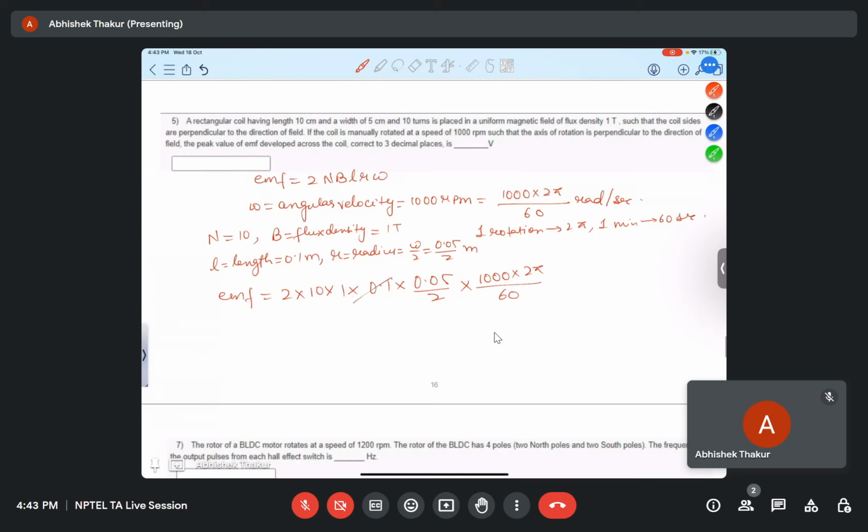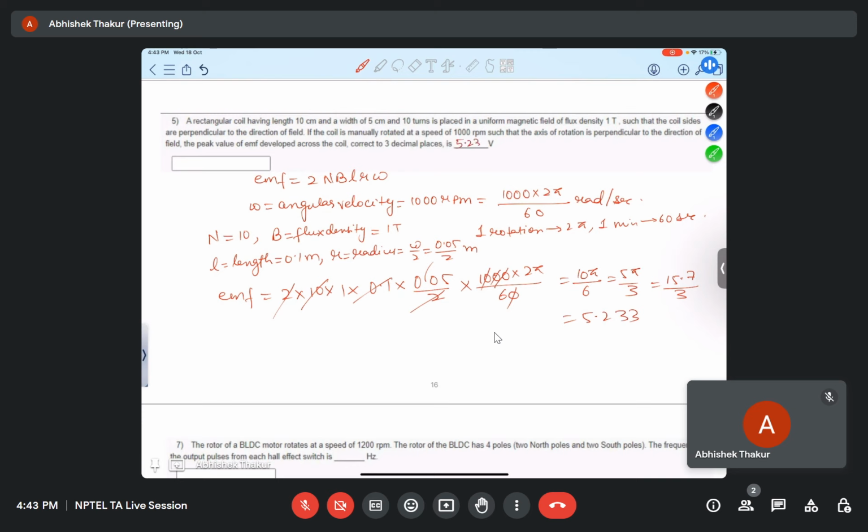So the final answer will be 10 pi by 6, that is equal to 5 pi by 3. So it will be 15.7 by 3. So that is equal to 5.233.